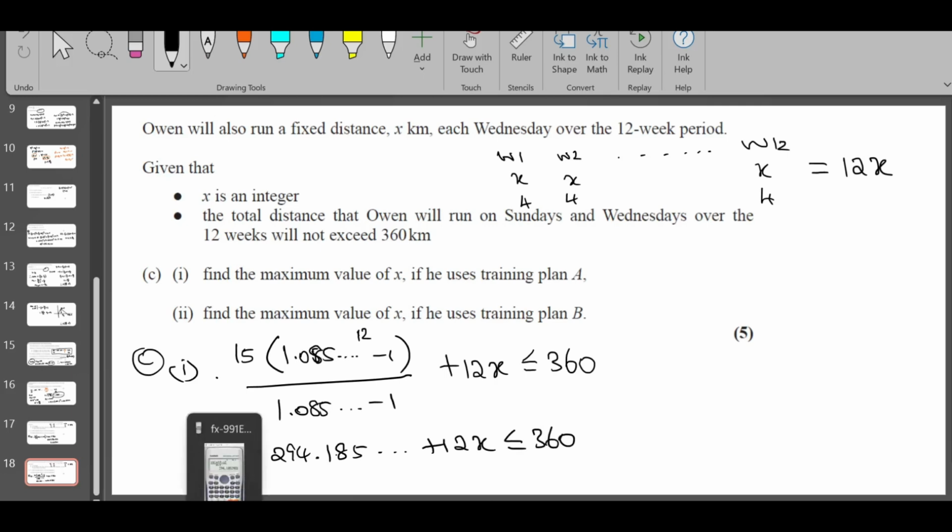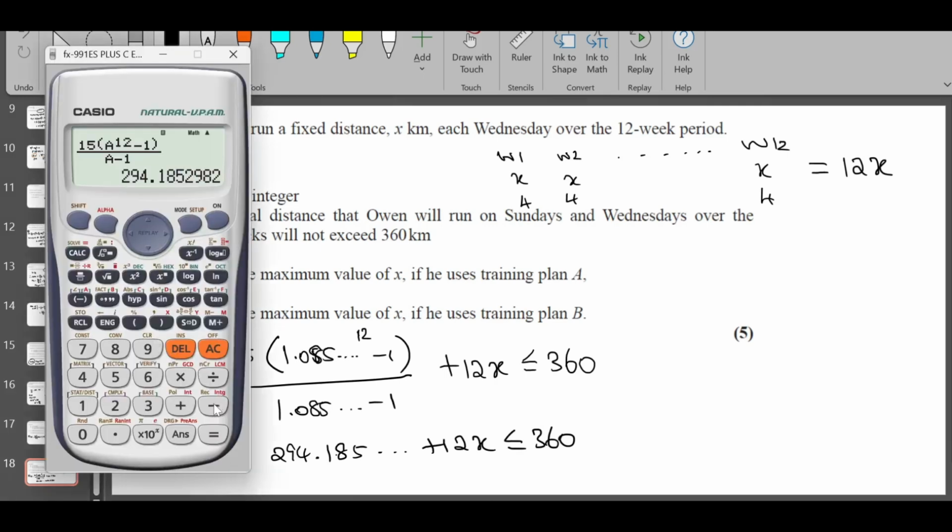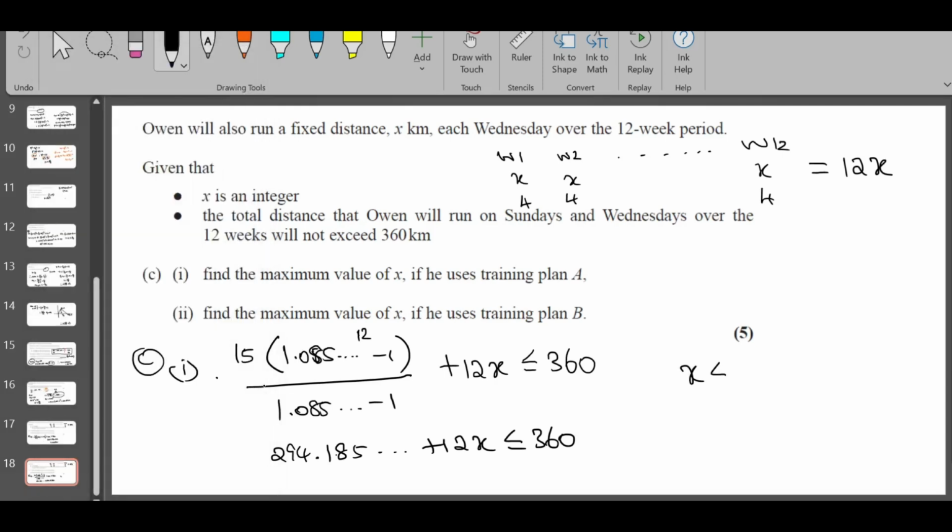Make x the subject again. So 360 minus the answer, divided by 12, 5.5. So x is less than or equal to 5.5. x is an integer, so you can write it as less than or equal to 5, because he is not going to run 5.1 or 5.2 kilometers.